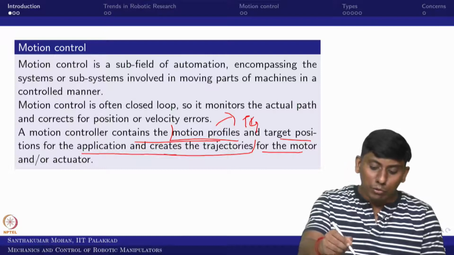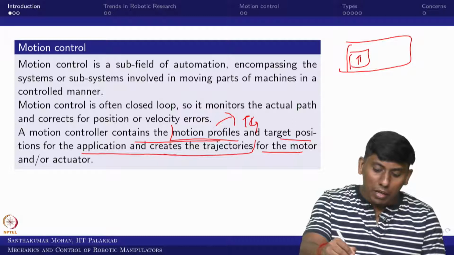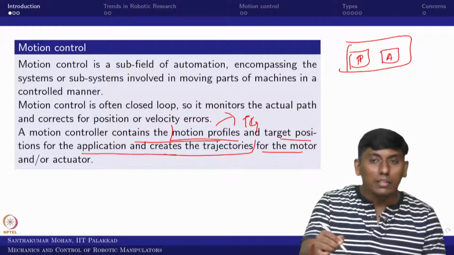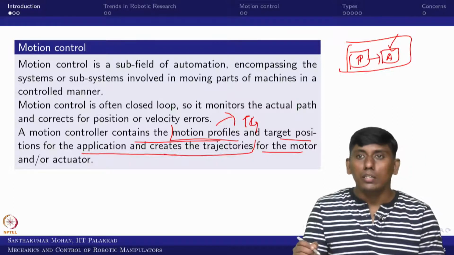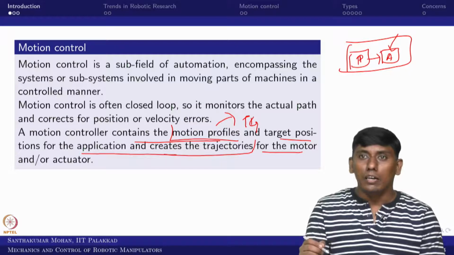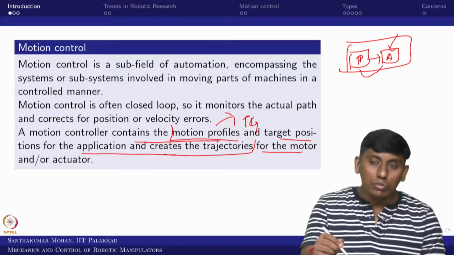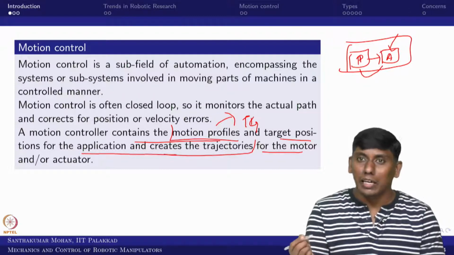If you talk about the control system, it would have a trajectory planner and the actuating system, which requires some kind of control command or relation between these two. Obviously, if it is open loop, the trajectory planner goes directly to the actuator.